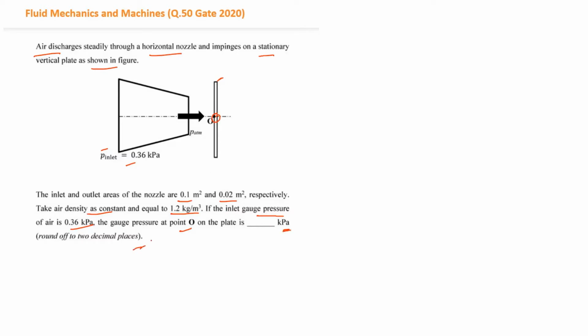First of all, we'll apply the continuity equation. The mass flow rate would be rho 1 A1 V1 equal to rho 2 A2 V2.